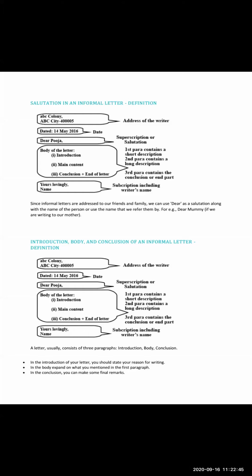In the introduction of your letter you should state your reason for writing. In the body you expand on what you mentioned in the first paragraph, and in the conclusion you can make some final remarks.